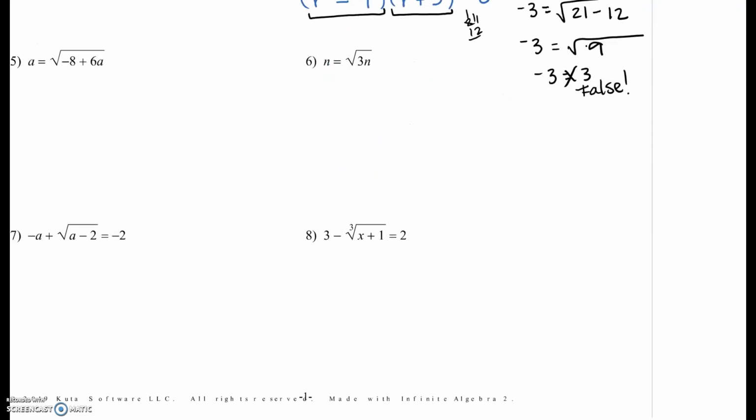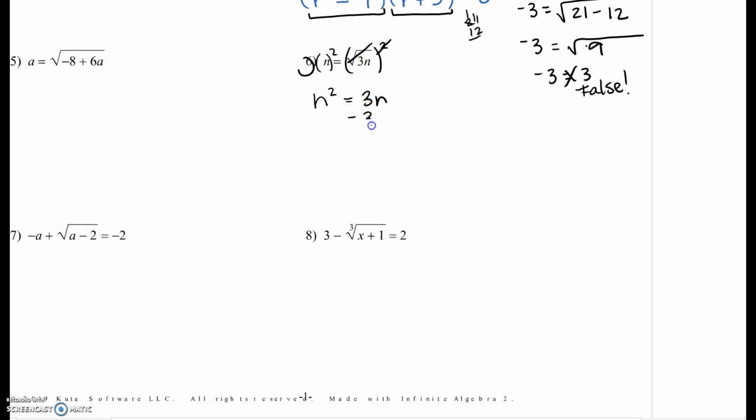Continuing on, number 6, I'm going to set it up for you. You notice that we have n equals the square root of 3n. We're going to square both sides. And so I get n squared equals 3n, right? Because our square cancels our square root.